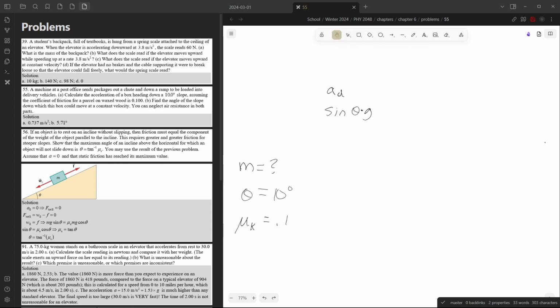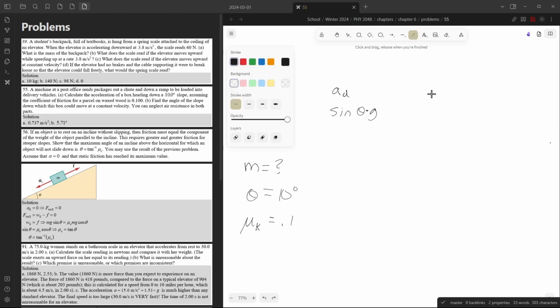And then our acceleration caused by friction is, let's say sub k, the coefficient times the cosine of theta times g. So let's find the total acceleration. Since it's going to be moving downhill, we'll set this acceleration minus the friction, that way it's positive.